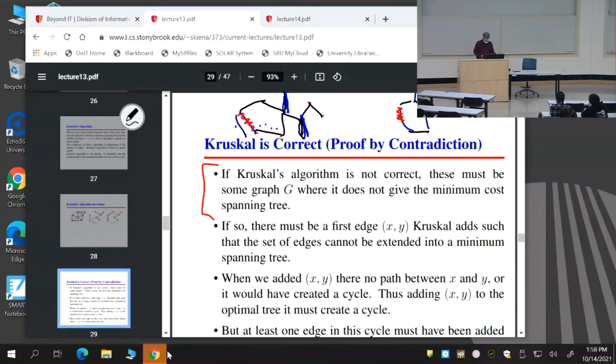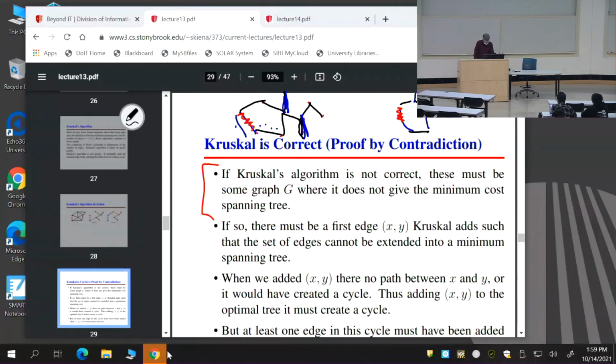How do I know that that red edge is not the heaviest edge on the cycle? This is the critical issue for proving Kruskal's correct. If it was at all possible that red was the heaviest edge on the cycle, then what you had was a minimum spanning tree without me. Why do I know that red cannot be the heaviest edge on the cycle? Yeah, you're adding another edge after that, which isn't the red edge.